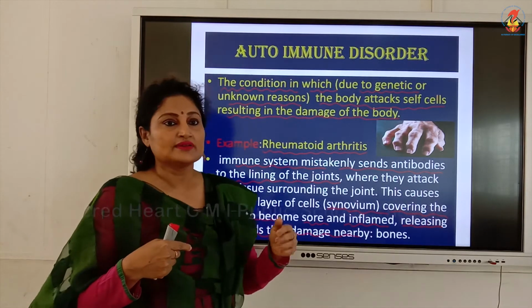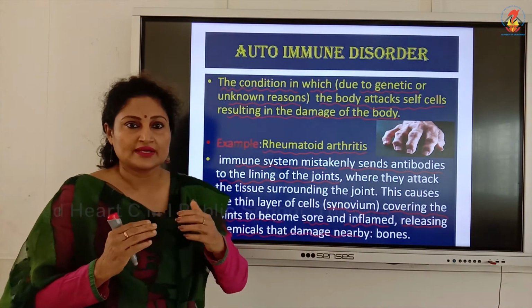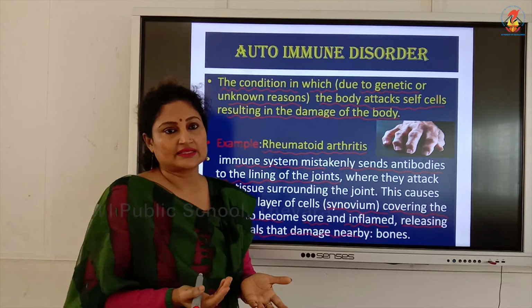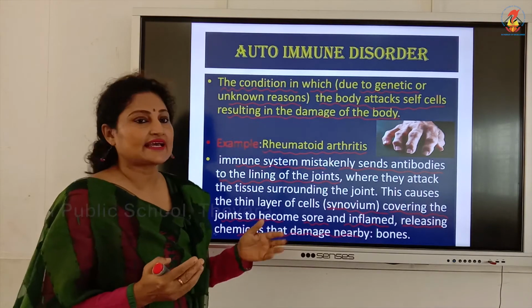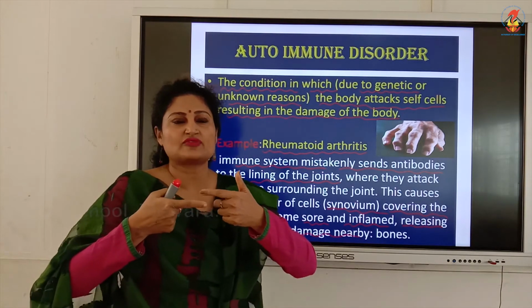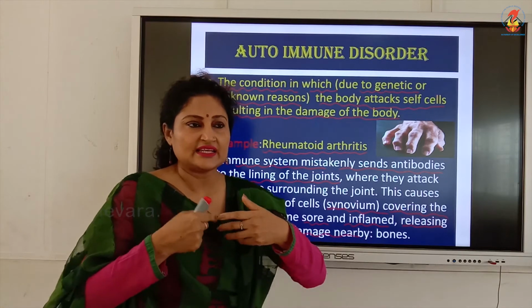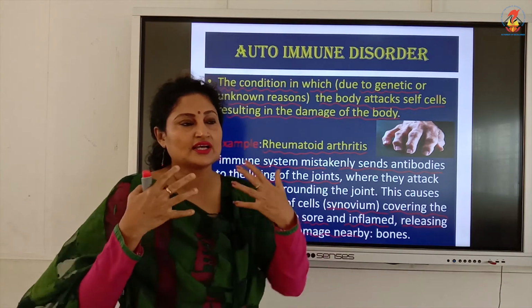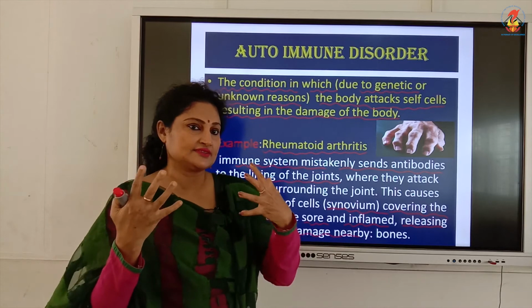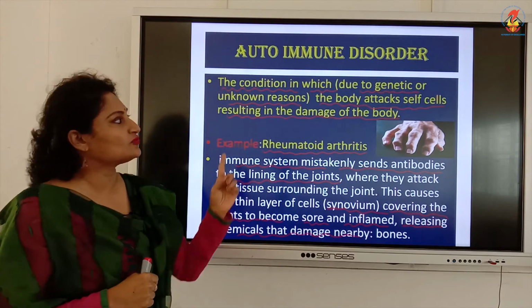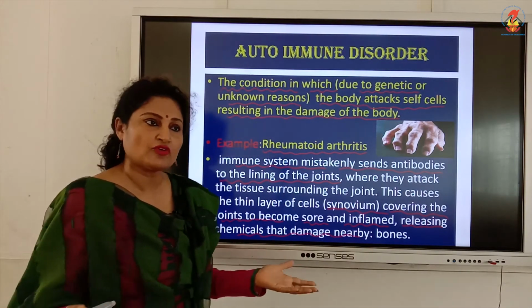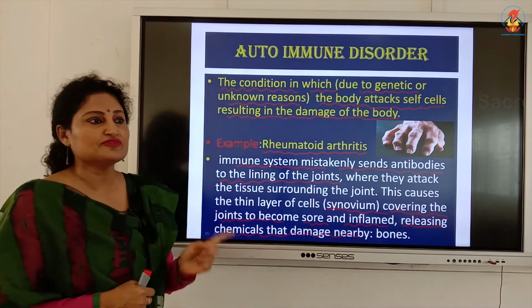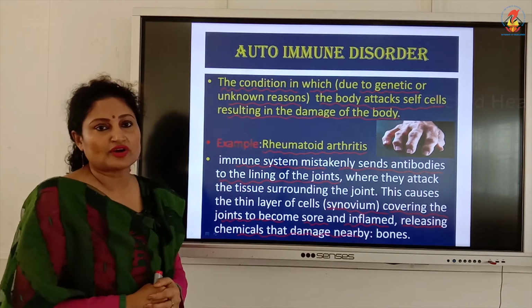It swells up, inflames and releases chemicals, and these chemicals attack the adjacent bones, and therefore the stiffness, pain, inflammation, and finally disfigured joints. This is rheumatoid arthritis, one autoimmune disorder. There are a number of autoimmune disorders, but the one mentioned in the NCERT is rheumatoid arthritis.